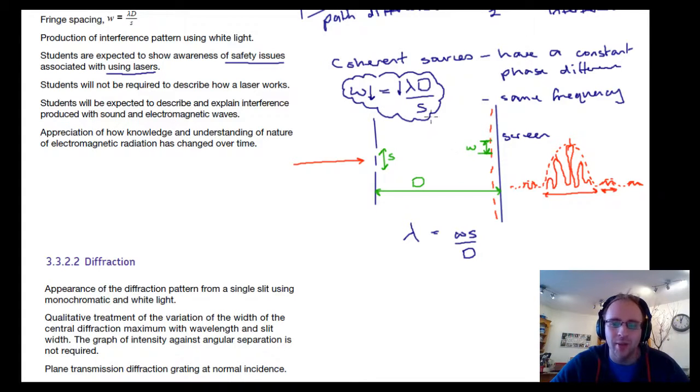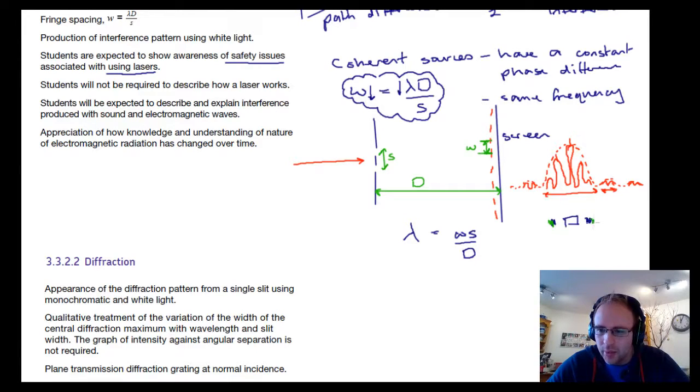If I have a longer wavelength, for example with red light, my fringe separation would go up. The net effect of that is my middle dot would be white. My next dot, or the next part of my dot, might be spread out on the next one.